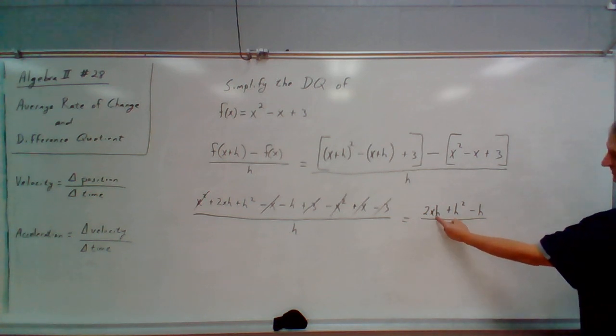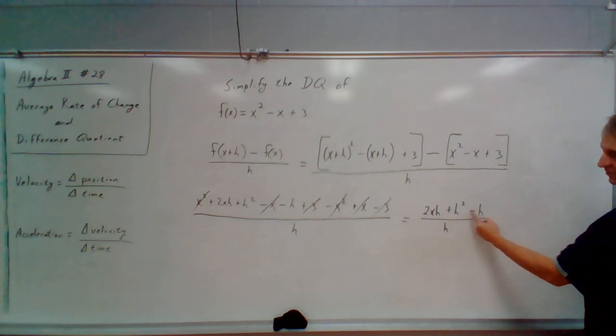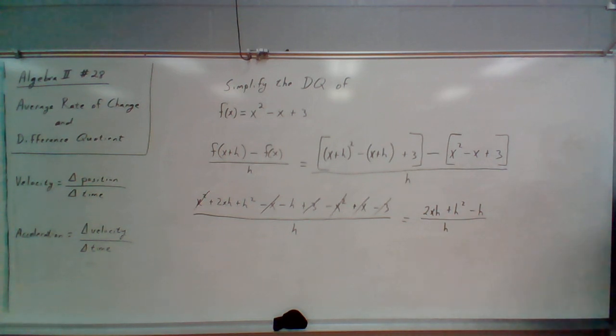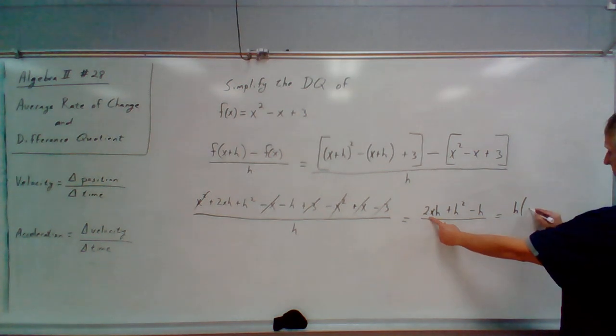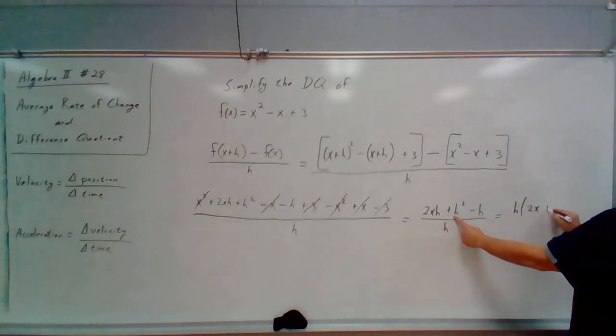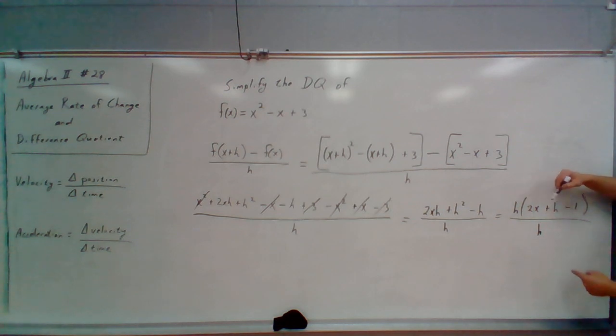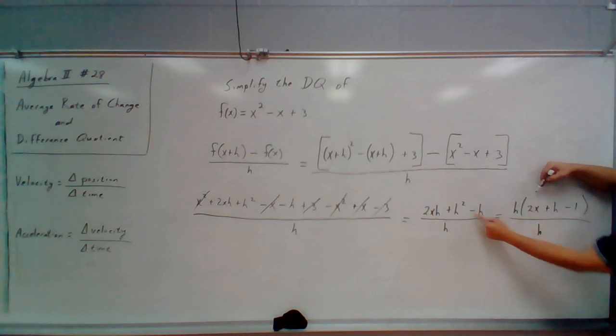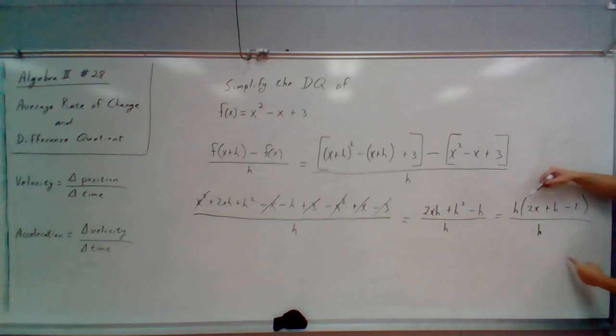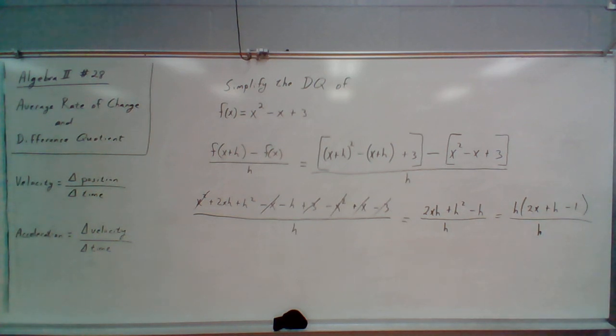Notice that all three terms in the numerator all have an h, so I'm going to factor an h out of those. So I'm going to put an h on the outside. That'll leave me with 2x plus h minus 1, all over h. So double check that. If I distribute this h back, I would get 2xh, I would get h squared, and I would get minus h. And it's still all over h.